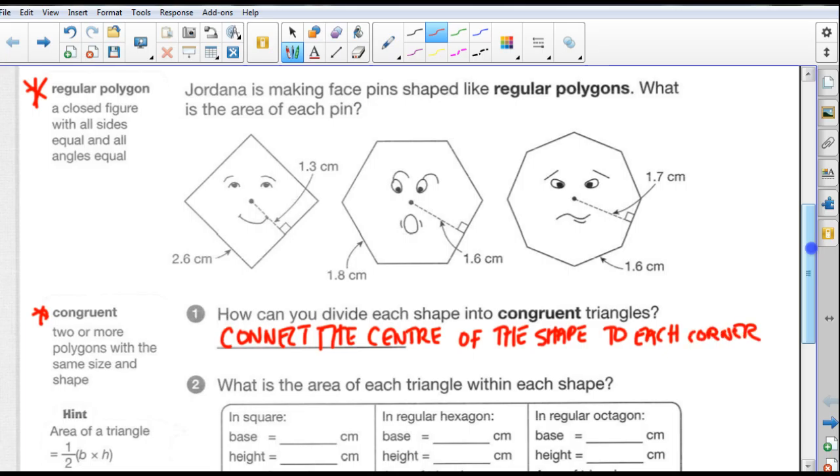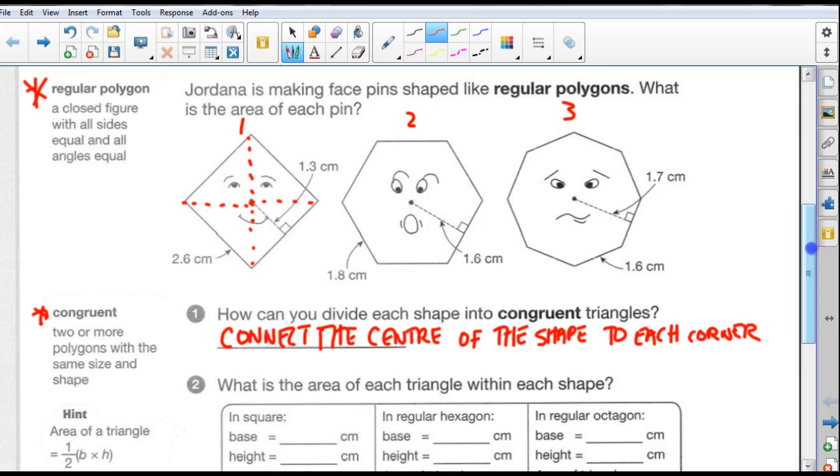So if I wanted to find the four triangles in this first one, let's call this number 1, number 2, and number 3. From the center, I go to each vertex, each corner, like this. I'll just draw dotted lines on it. You can see we have four triangles in there, and all four are equal.